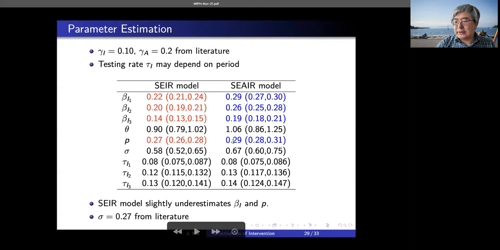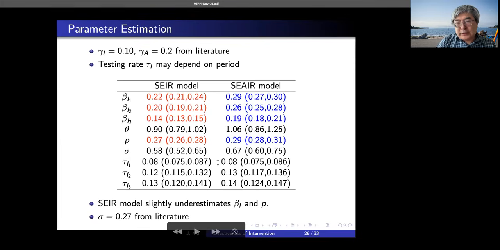We have a study looking at influenza transmissions in households in Shanghai, and we found about 30% of the transmissions are through close contacts, and 70% are through community, school, or workplace transmissions.